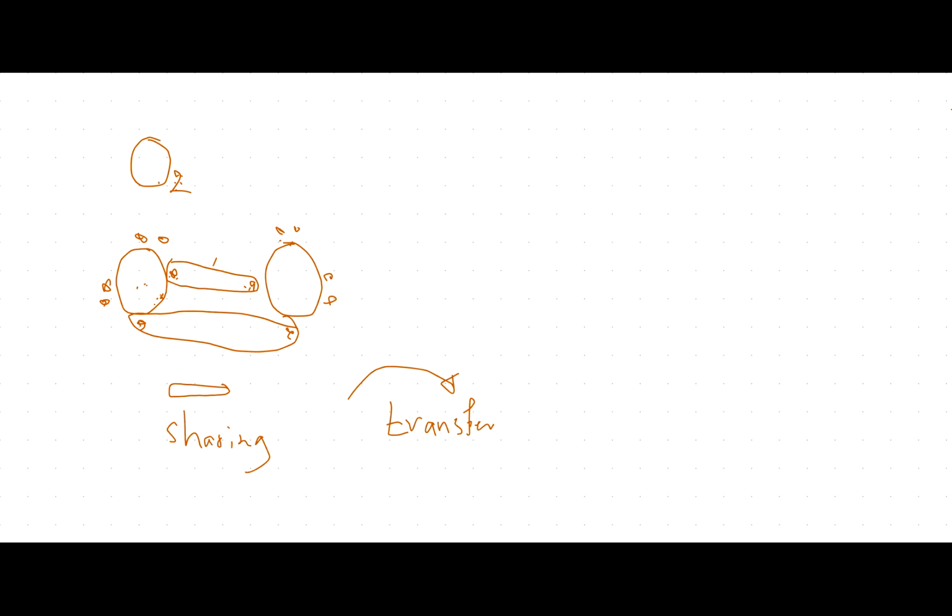So this is the Lewis dot structure, and we write it in this way or this way. Each one of these sharings, we represent by a dash.